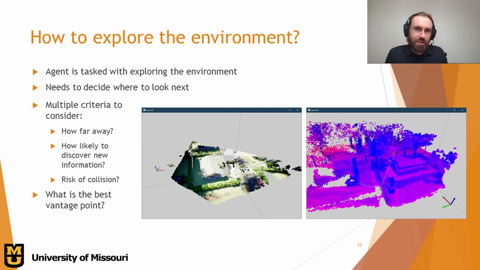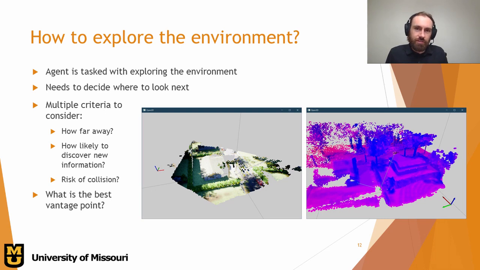So the question is, where should the drone go and look next to maximize the information gain, or to achieve some specific exploration goal? And we can think of this as a multi-criteria optimization problem, where we might want to, say, pick a location that's not too far away from the current position and near the edge of the explored map and unlikely to run into anything.